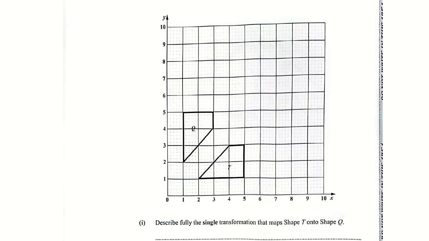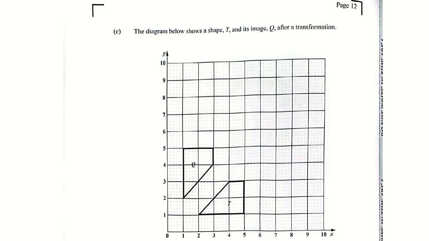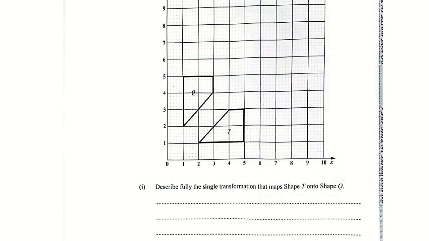Part C is our transformation type question. The diagram below shows a shape T and its image Q after a transformation. What type of transformation is that? It cannot be a translation, because in translations the orientation does not change, and these two change.